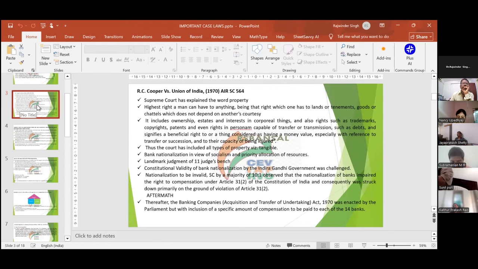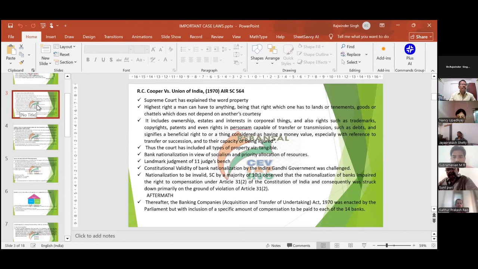So before that, nationalization of banks was announced, it was challenged under this case law, and it was struck down by the Supreme Court with a majority of 10 judges in favor of striking it, and only 1 judge opposing it.